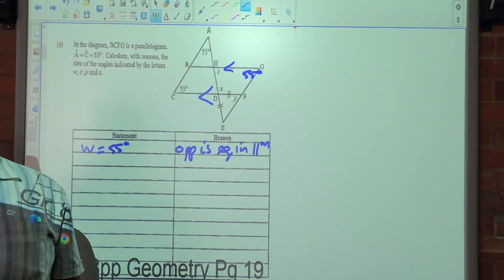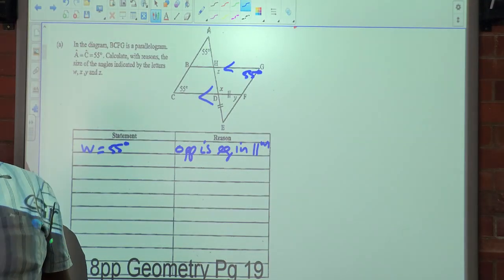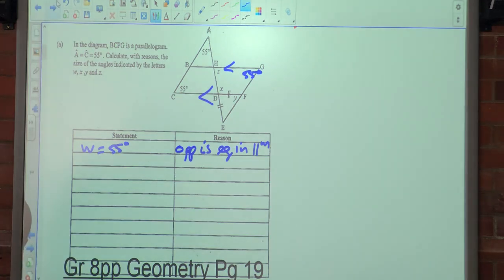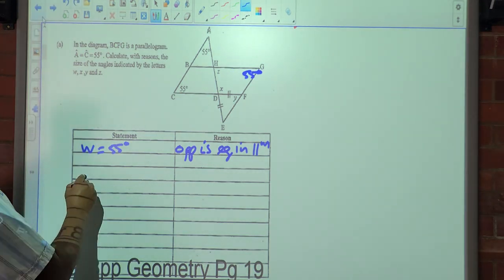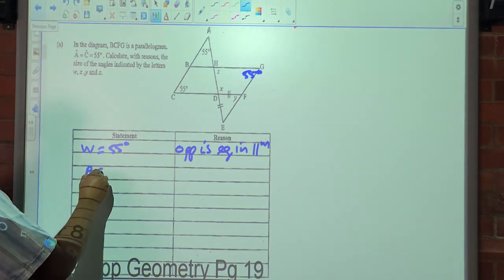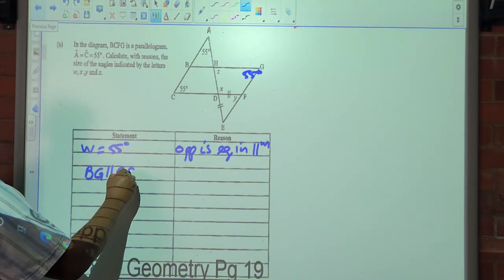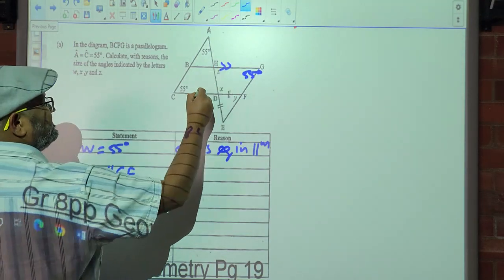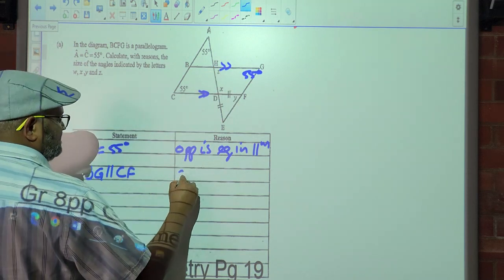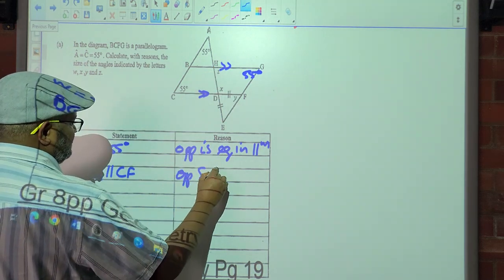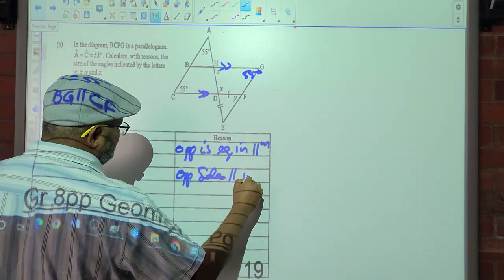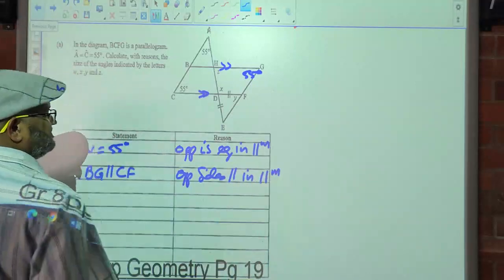No. Okay, so we must first state it. So we're going to say that BG is parallel to CF. Why? Because opposite sides are parallel in a parallelogram.